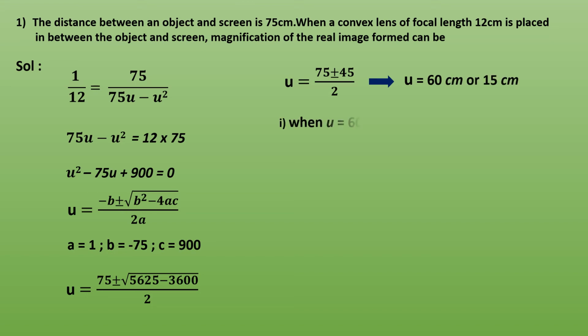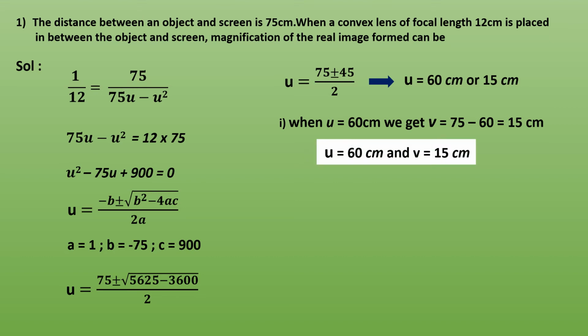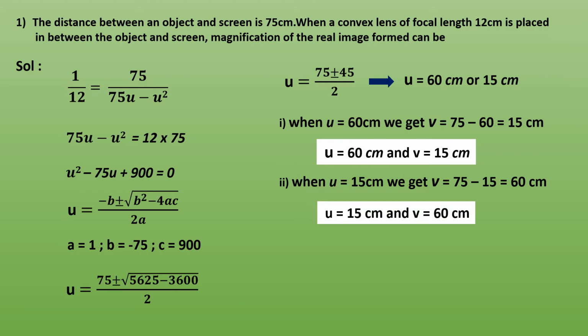Case 1, when u is equal to 60 centimeters, we get v is equal to 15 centimeters. That is, when object distance is 60 centimeters, image distance is 15 centimeters. In case 2, when u is equal to 15 centimeters, we get v is equal to 60 centimeters. That is, when object distance is 15 centimeters, we get image distance as 60 centimeters.